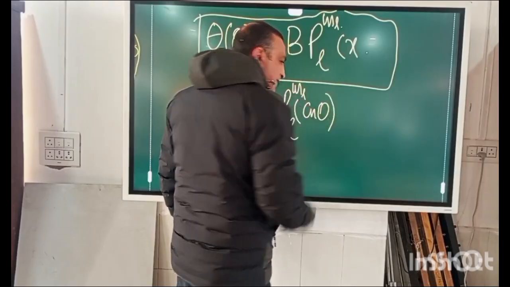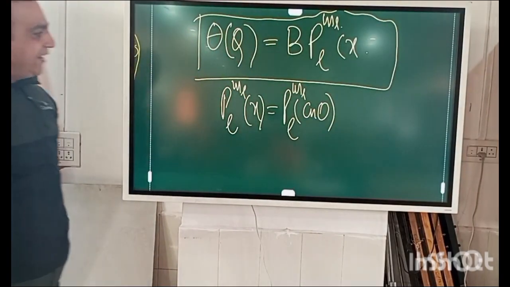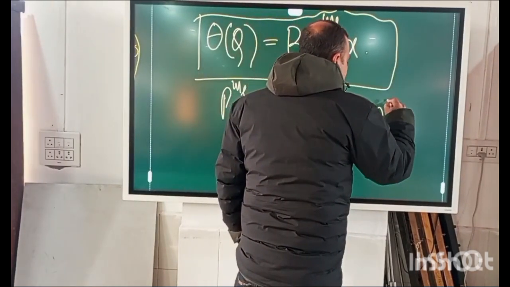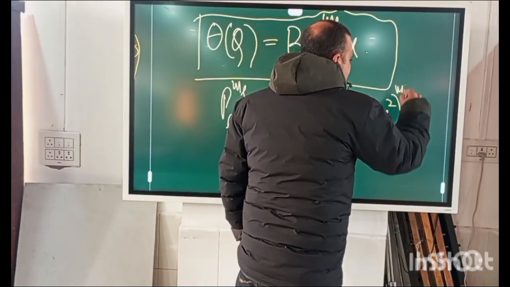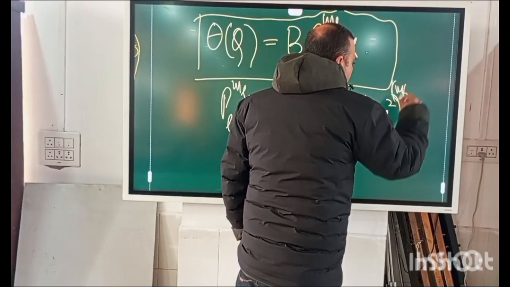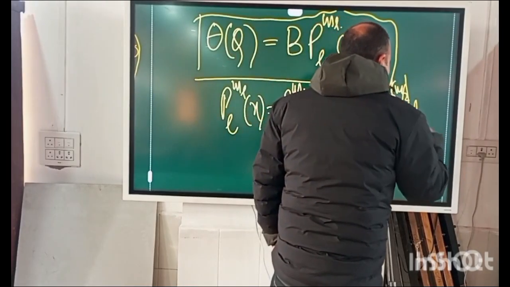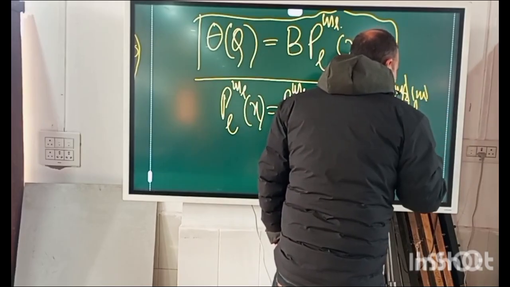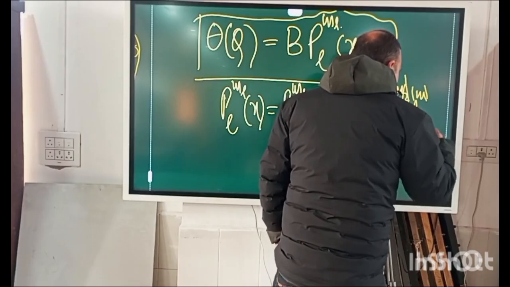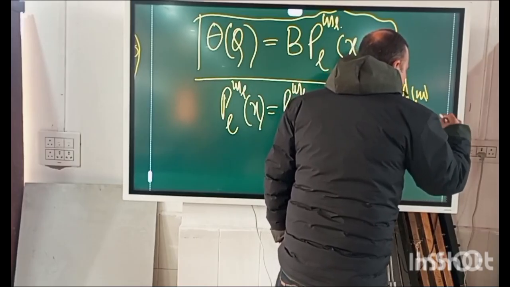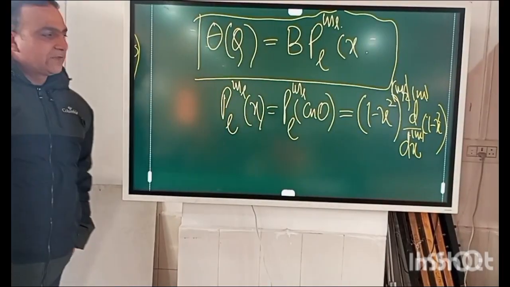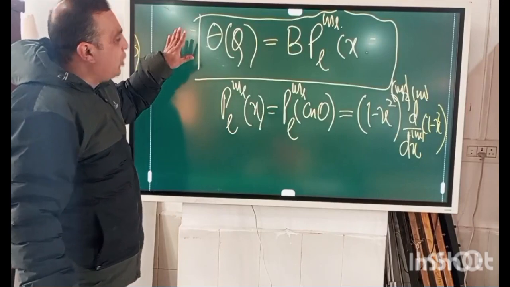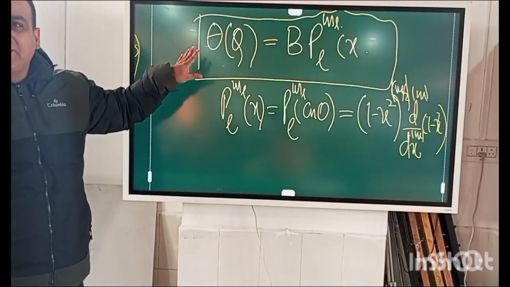I can write that, there is no problem with that. And you can write this as (1 minus x squared) raised to the power |m_L|/2, then d^{|m|}/dx^{|m|} of P_L(x). This is your Legendre polynomial, and this is the solution of the associated differential equation.